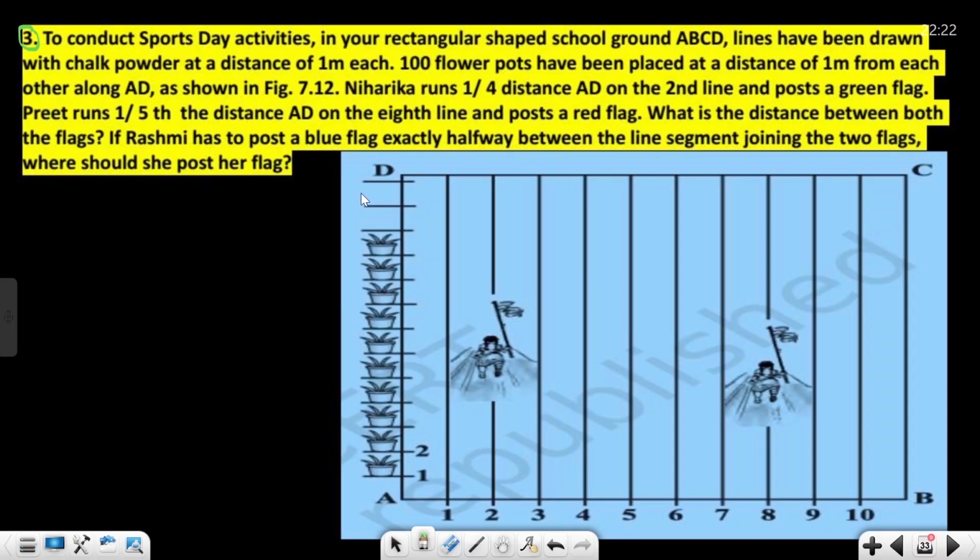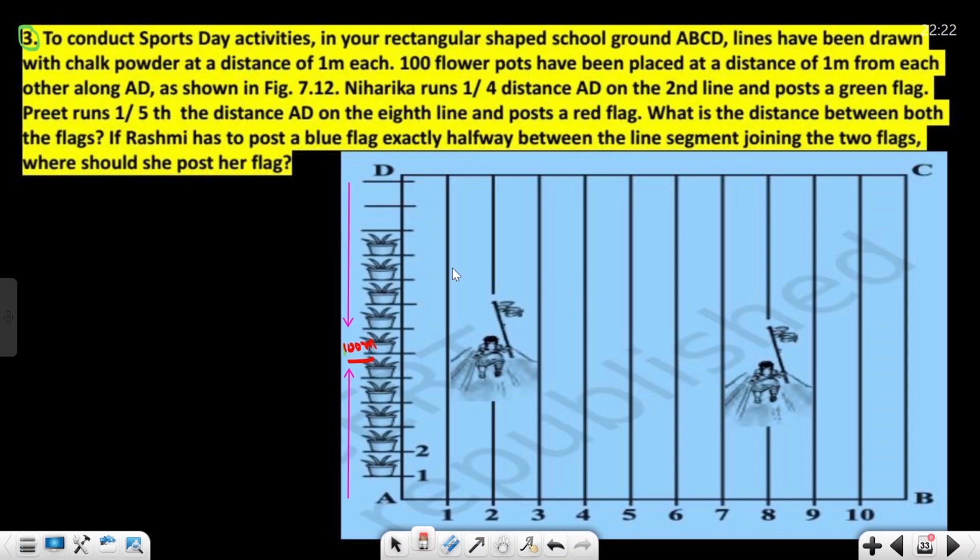Okay, how many pots? 100. It means the total distance is 100. Which distance? Look here. From A, suppose the last, 100th pot is on D, the AD distance is 100 meters, because each pot is placed at a 1 meter distance.